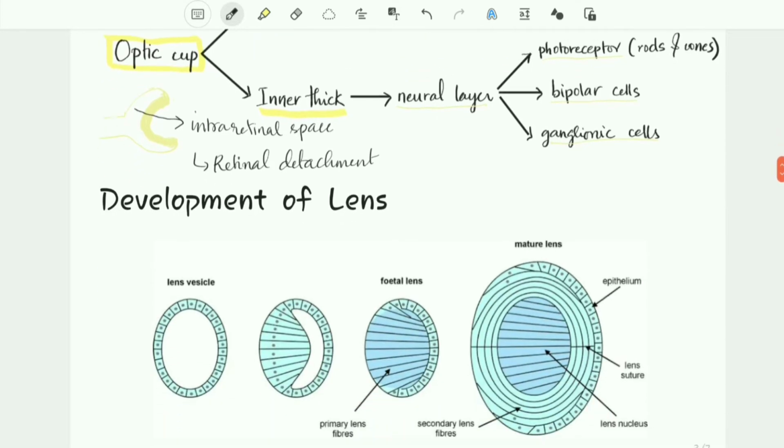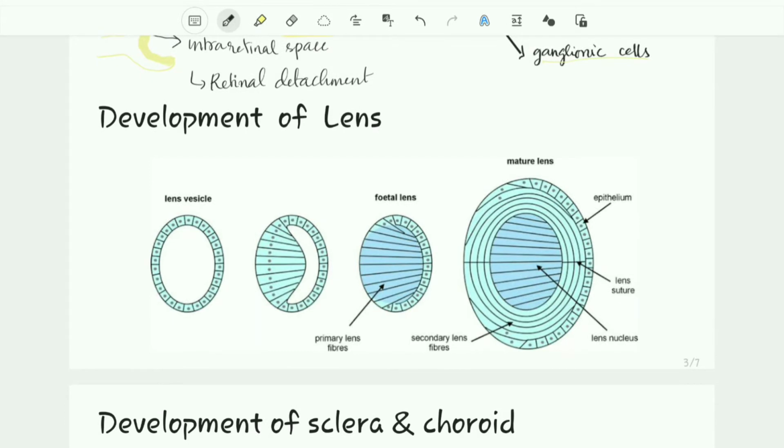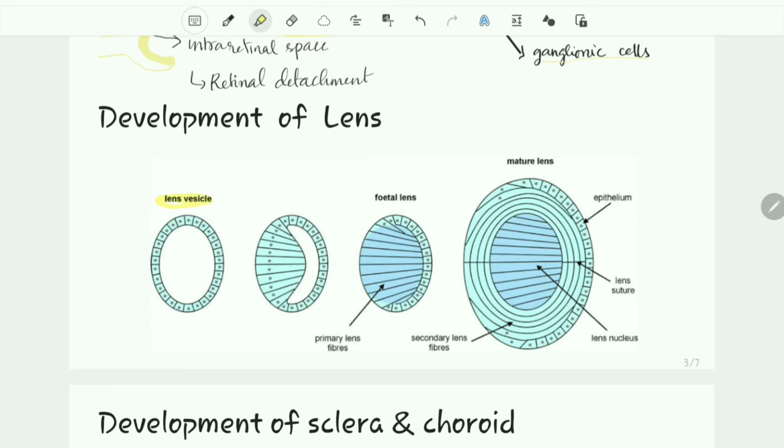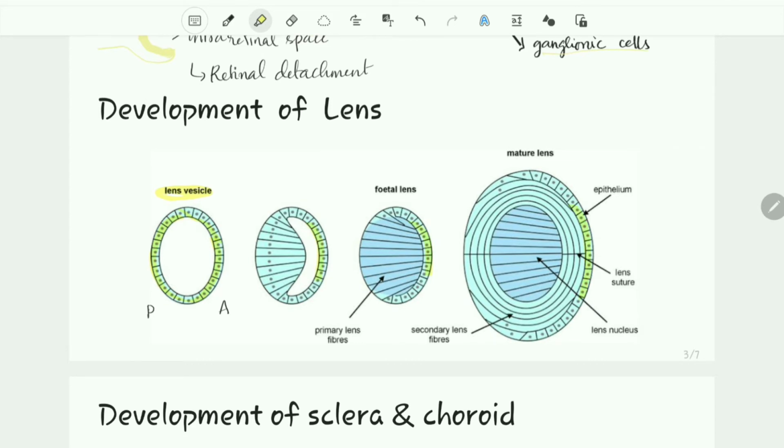Now moving on to the development of the lens. It is formed from the lens vesicle, which we have seen earlier being formed from the surface ectoderm. The lens vesicle is made up of a single layer of cuboidal cells. This is the anterior and posterior of the lens. At the anterior part, the cells remain the same, but in the posterior, they become elongated into the cavity and close the cavity.